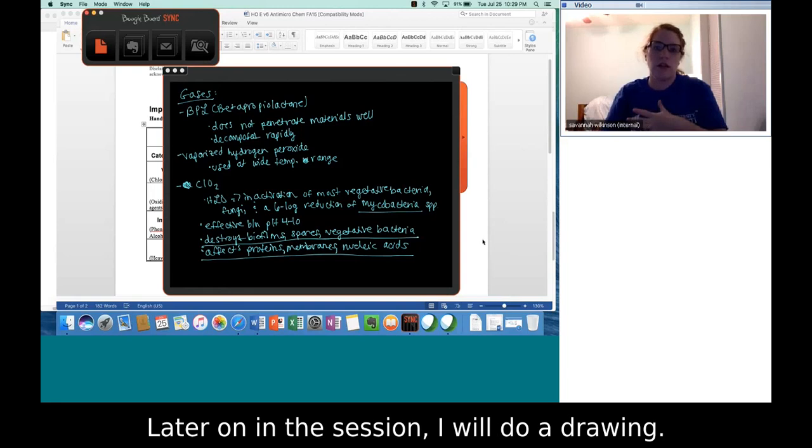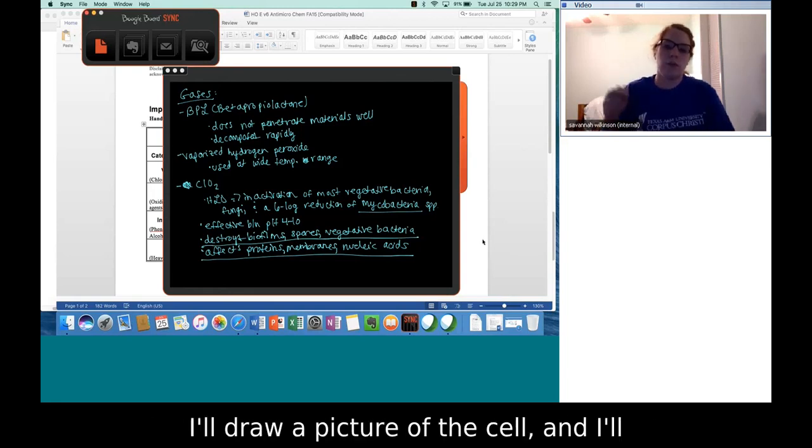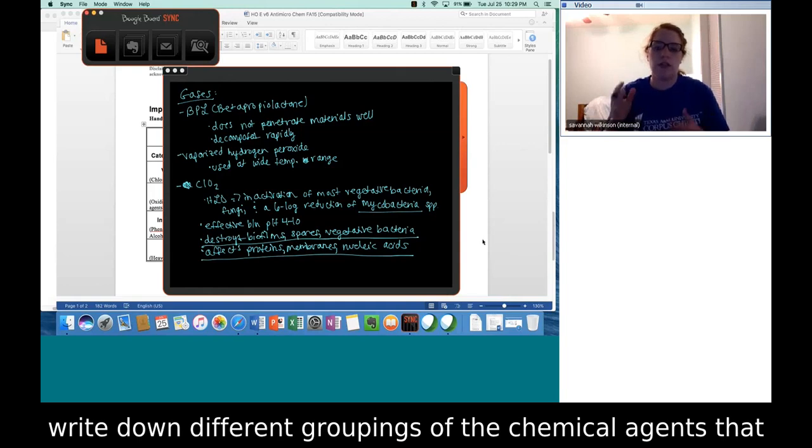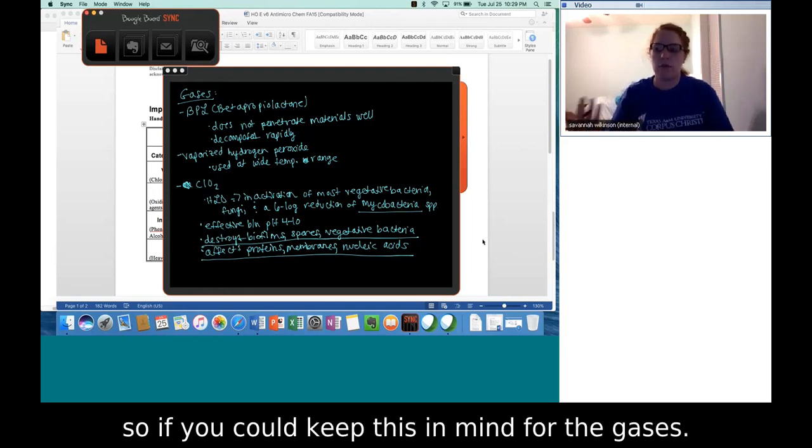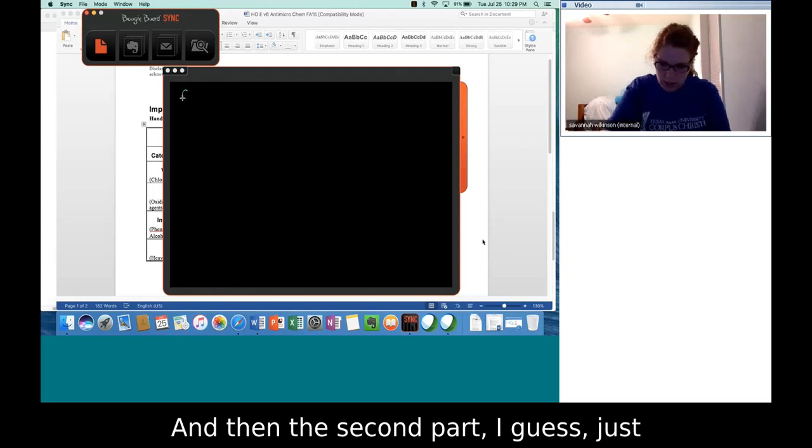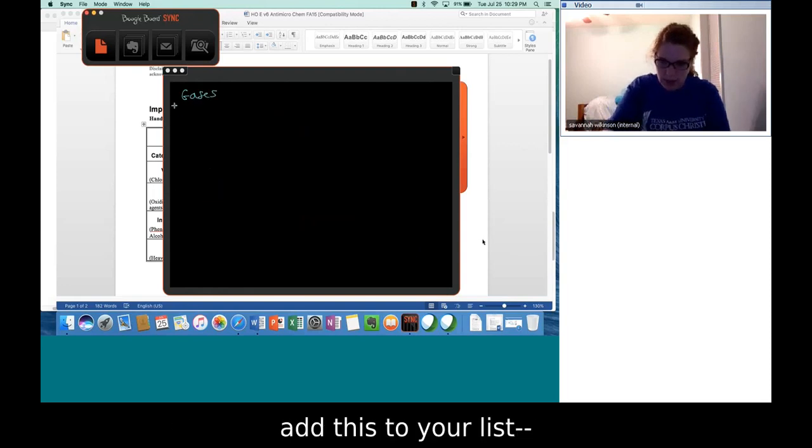Later on in the session, I will draw a picture of the cell, and I'll write down different groupings of the chemical agents that work against or attack that area of the cell. So it's good to keep this in mind for the gases. And then the second part of the gas, just add this to your list, is ethylene oxide.